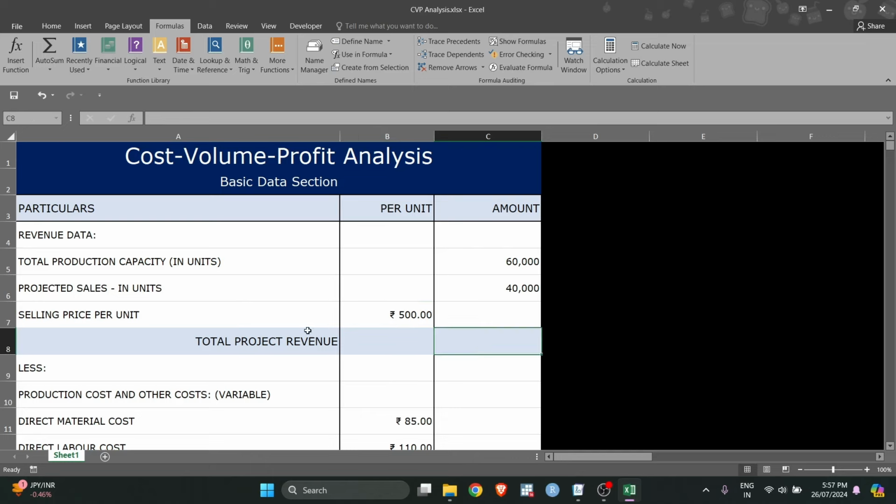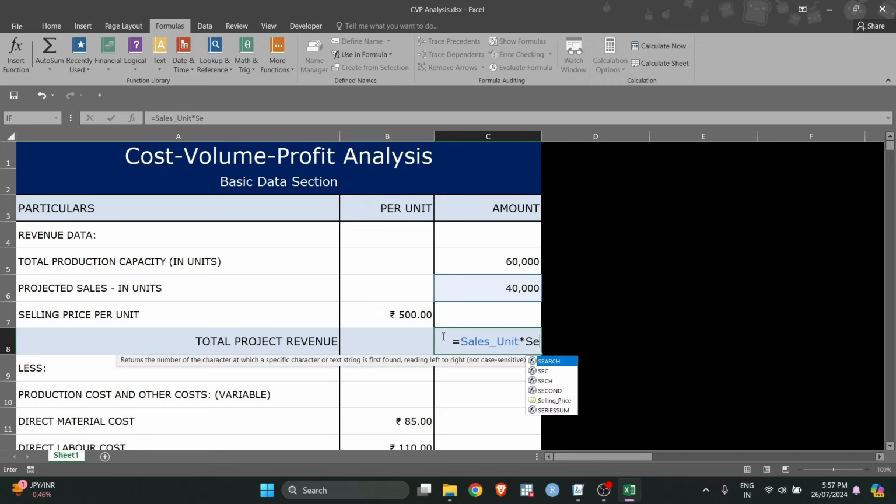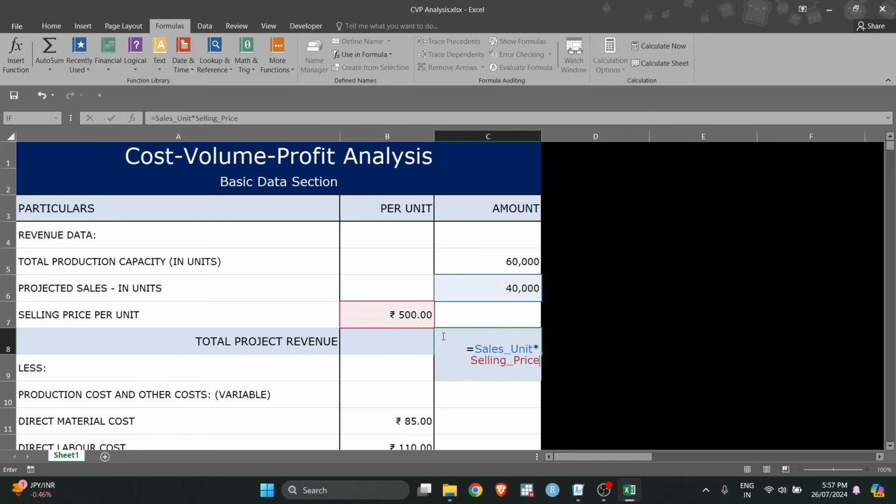So what is my total projected revenue? Basically total revenue. What is total revenue? Price into quantity. Quantity is nothing but sales unit, into price. Price is nothing but selling price. Here we go.